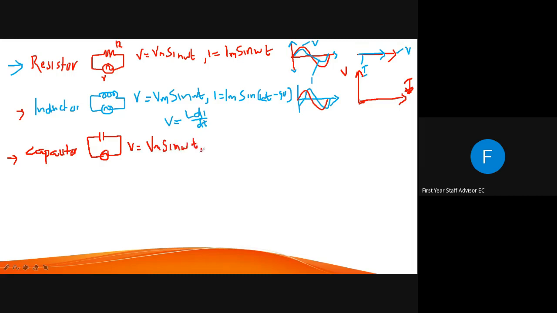If you derive using I is equal to C dV by dt, you will get the current equation like this: Im sin(omega t plus 90).